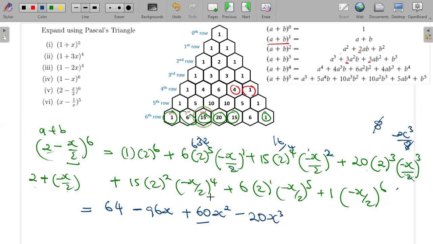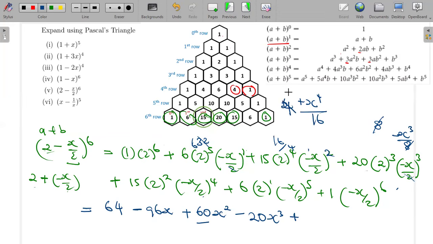Okay. Next here, you have this raised to an even power, which is going to give us a positive. And then you have here, that is negative, so you get a positive, that would be positive x to the power 4. Then over 2 to the power 4, which is 16. And then you have 2 to the power 2, which is 4.